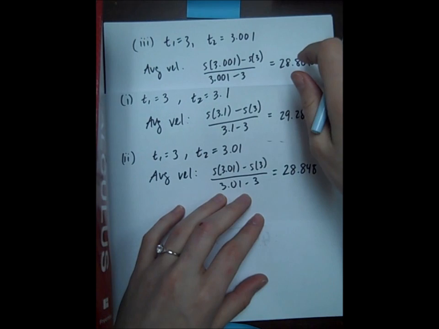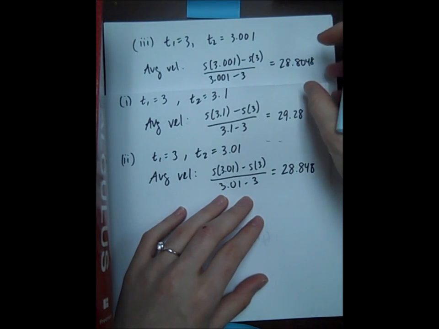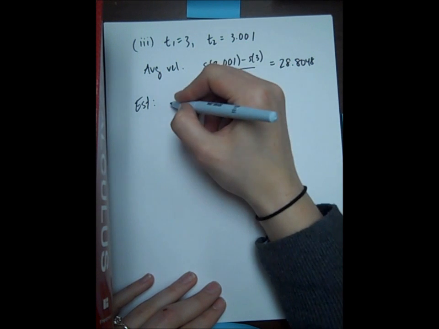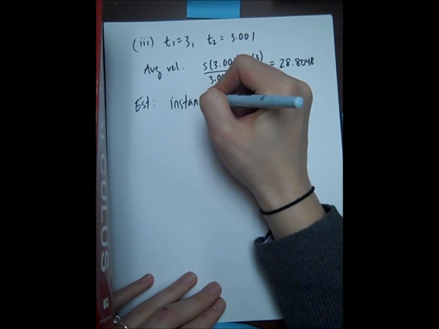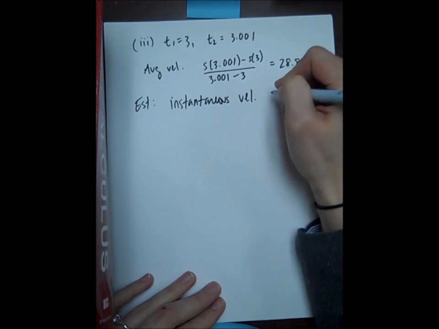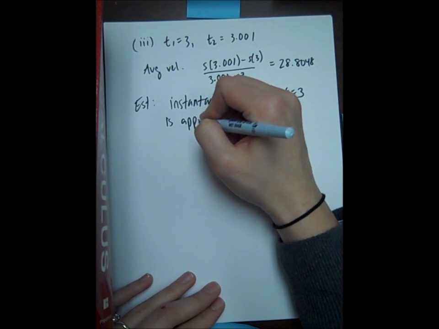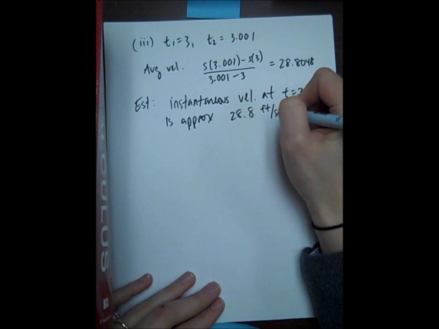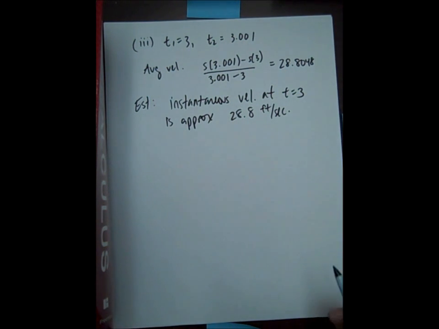I think that we can see that they are kind of going to 28.8. So our estimate would be that the instantaneous velocity at t equals 3 is approximately 28.8 feet per second.